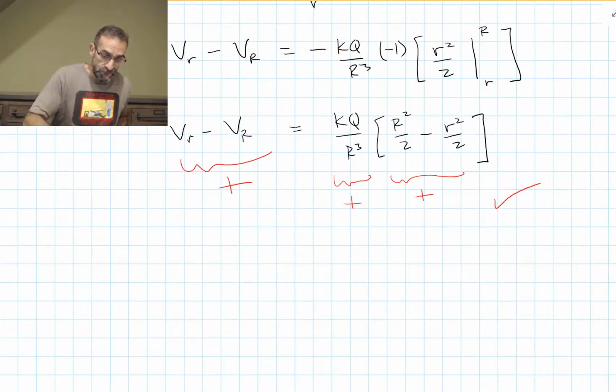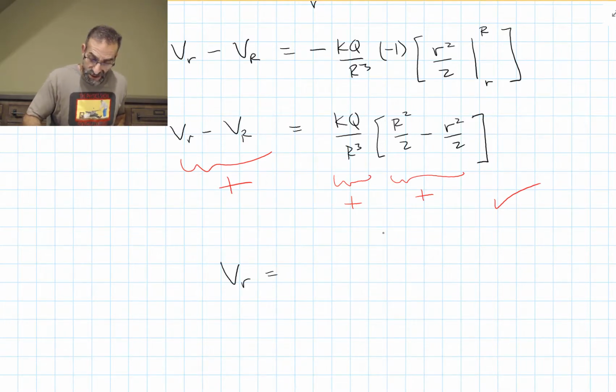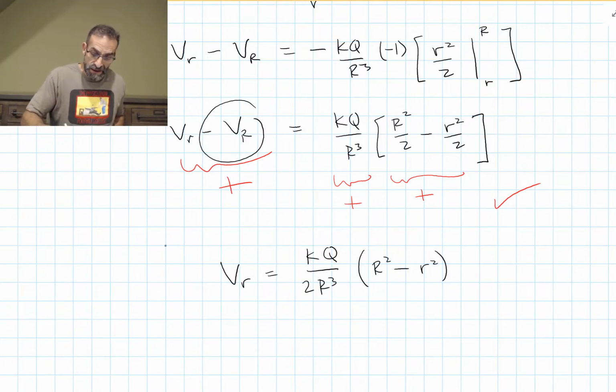We want the potential at any r. We want this number all by itself. So that's going to be everything on the right side of the equation. I'm going to pull the 1/2 out. And I'm going to bring this guy over to the other side.